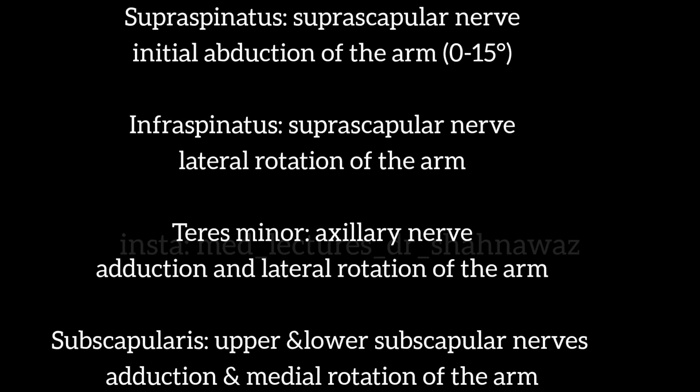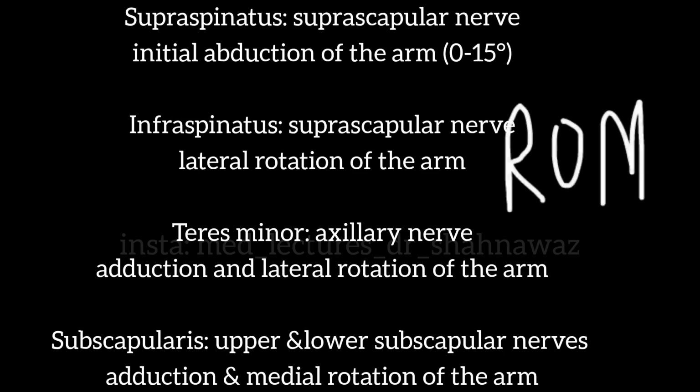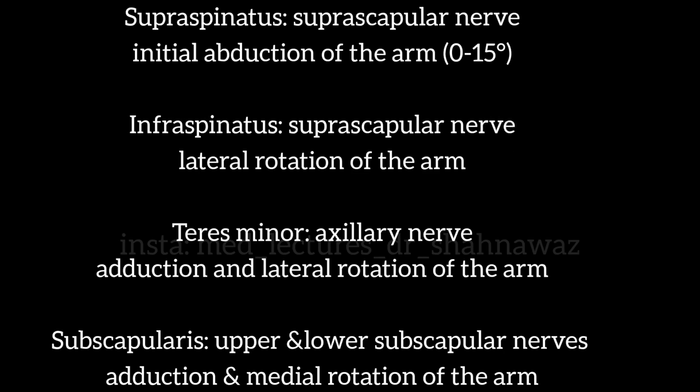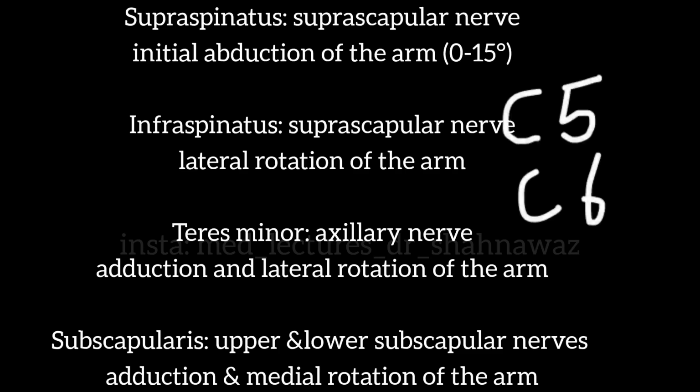The patient will have limited range of motion, so it is also important to know the innervation of these SITS muscles. The rotator cuff muscles, or SITS, are all innervated by the C5 and C6 roots.